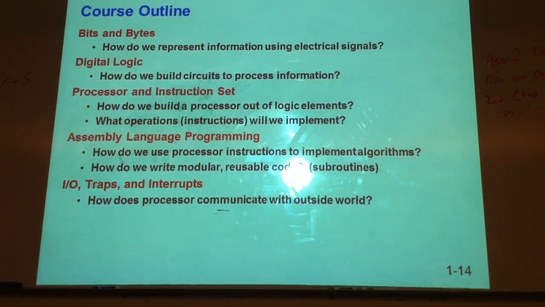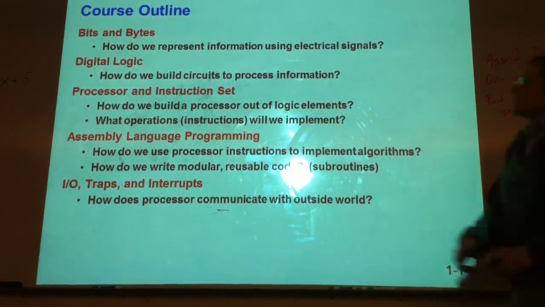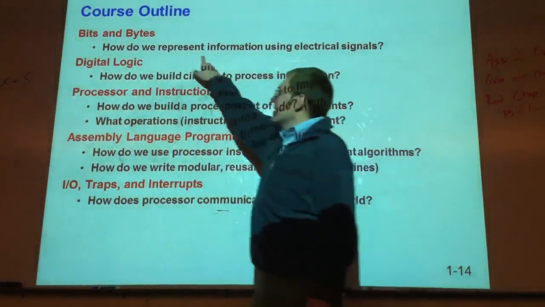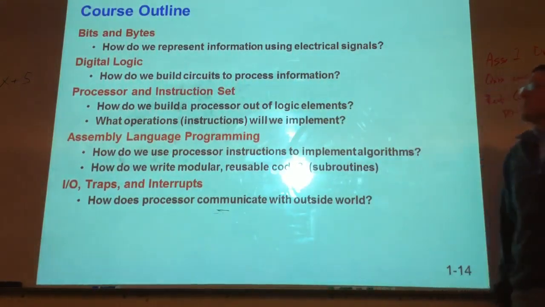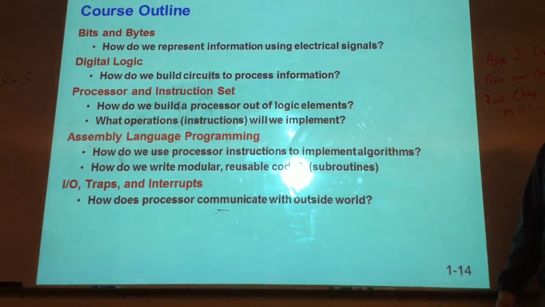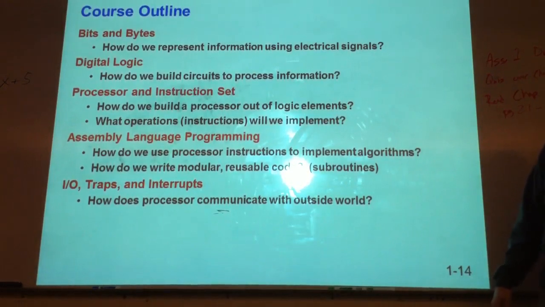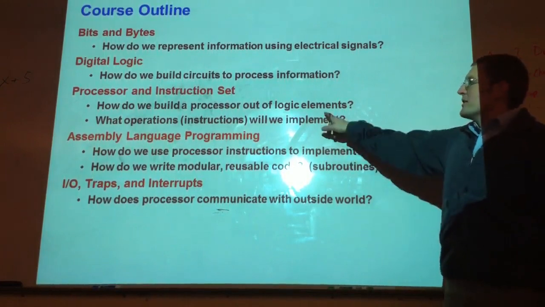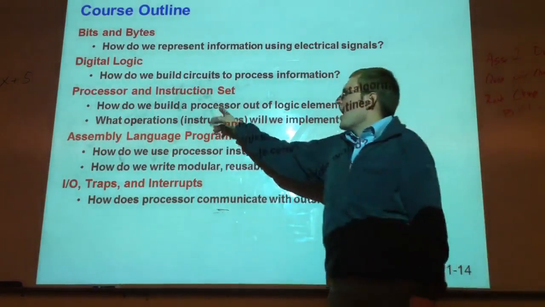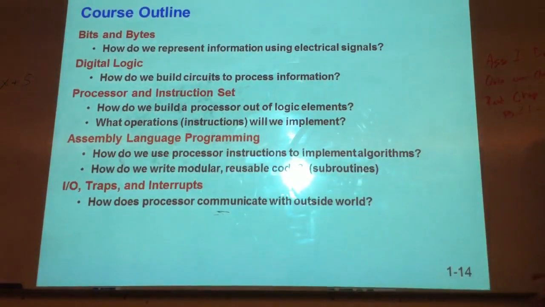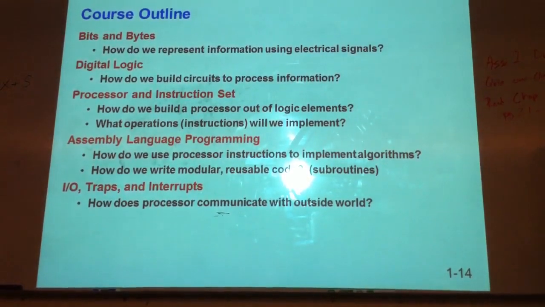So starting next week, we talk about bits and bytes and logic. We're going to talk about how bits, ones and zeros, get interpreted into doing things. And then we talk about the instruction set and the processor. How does a processor do addition?